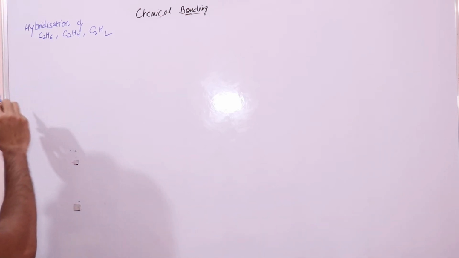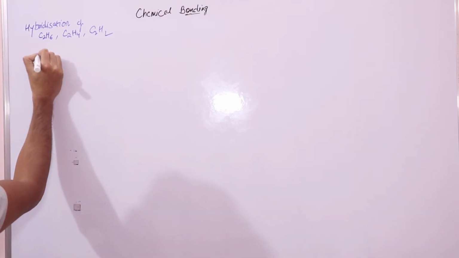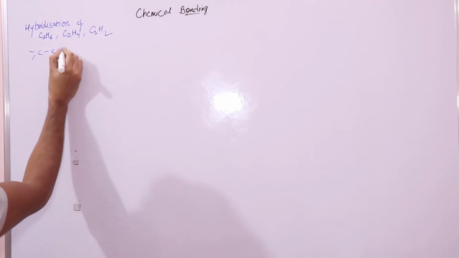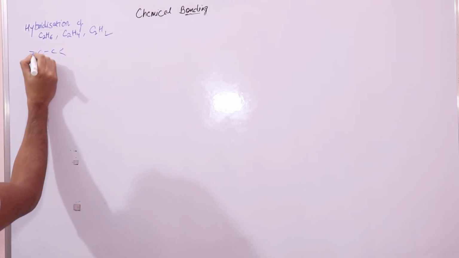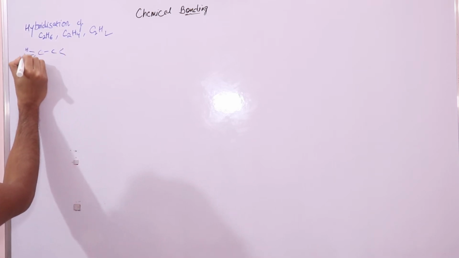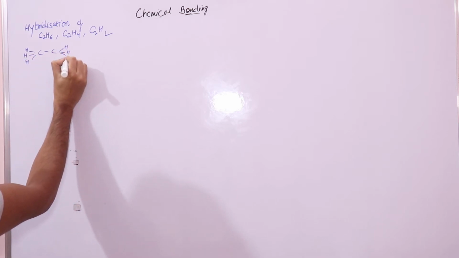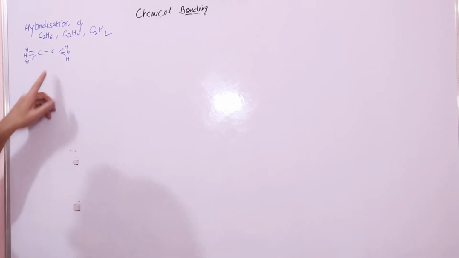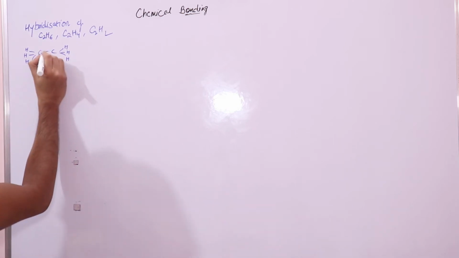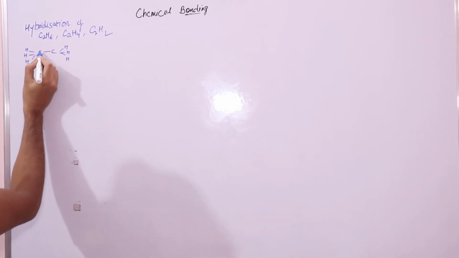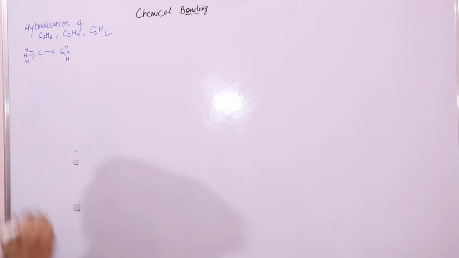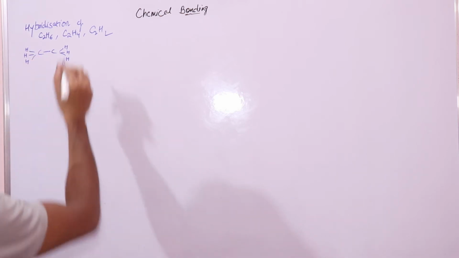So let's look into the structures of these compounds. If you want to draw the structure, it looks like this. Two carbon atoms are bonded to one another, and each carbon atom is bonded to three hydrogen atoms, right?